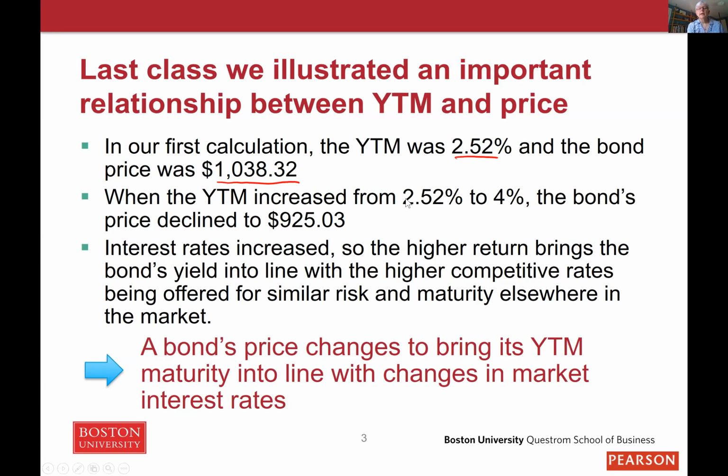Then the interest rate increased to 4%, and the price fell to 925.03. So interest rates increased and the price dropped in order to bring the yield into line with competitive rates. So again, the price is what changes the yield to maturity.